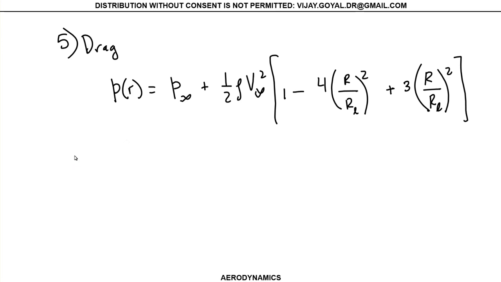So we know that the drag equation, also derived in class, was actually equal to the integral from R sub 0 to RL of P R dR. So we're going to plug all this expression inside here and let's see what happens.